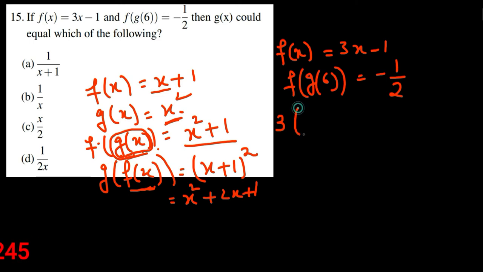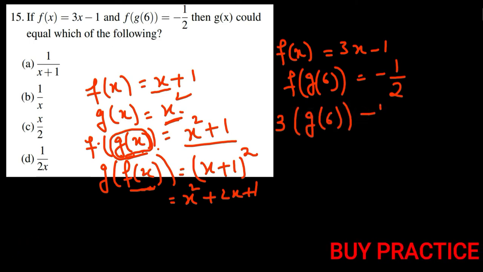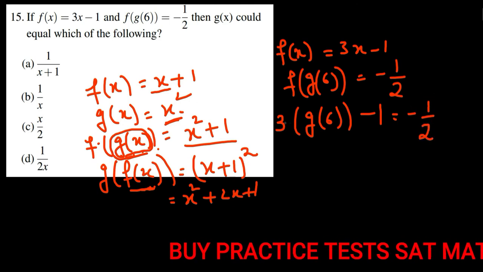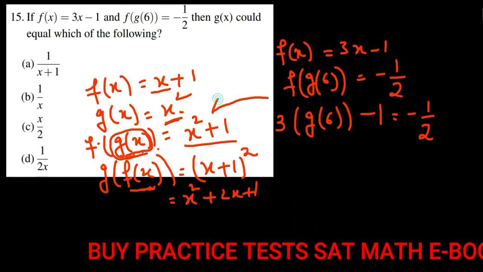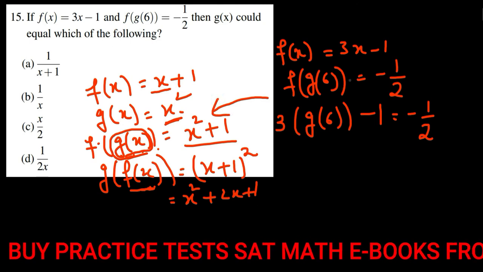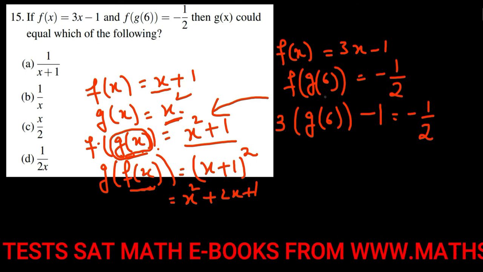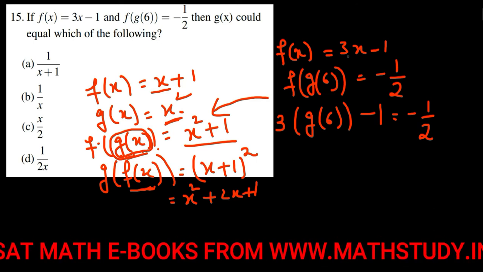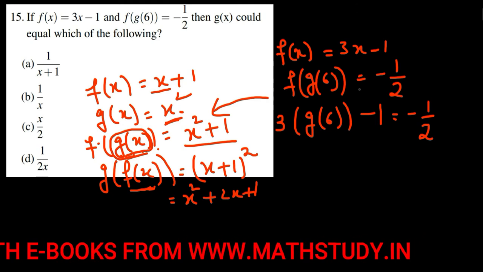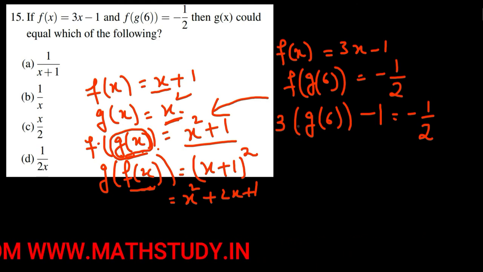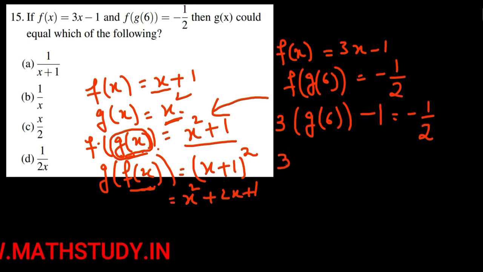So we will get thrice of g of 6 minus 1 is equal to minus half. We have applied the concept which we discussed in the previous part. We have put the value of g of 6 in f of x simply. That is why we got thrice of g of 6 minus 1 is equal to minus half.